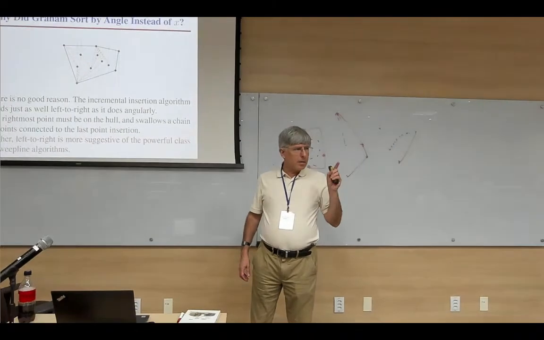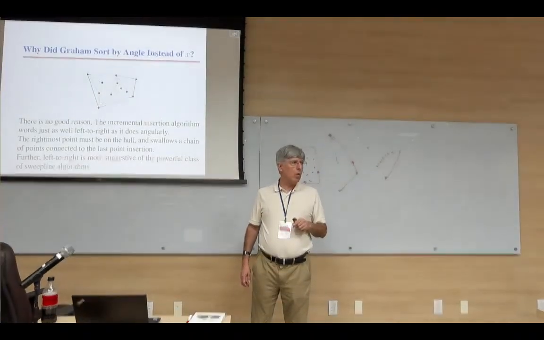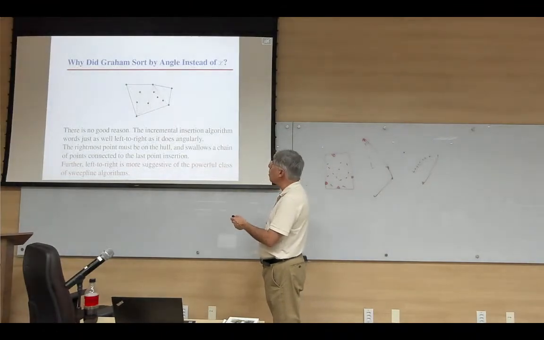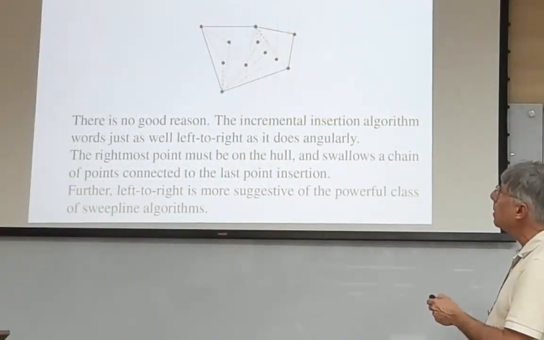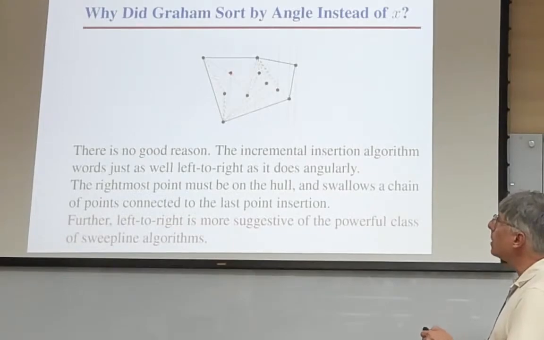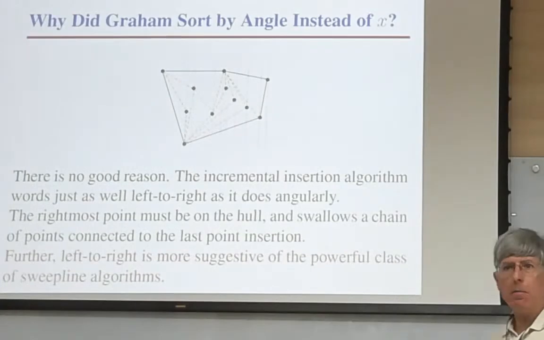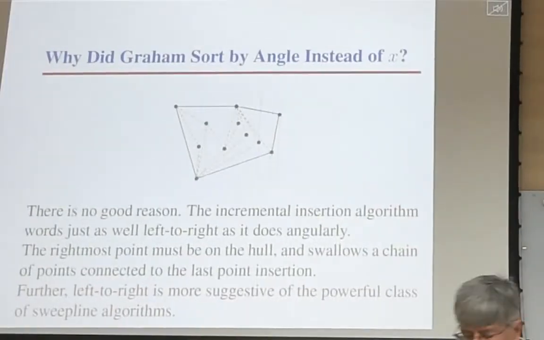And like the Graham scan, I'm going to add the points one by one in sorted order, and delete any point that is swallowed up by adding the new point as I go from left to right.